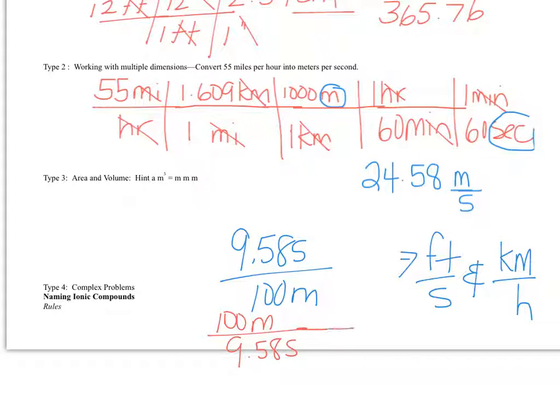Well, no, because I asked you to present it in feet per second, so you're going to want seconds on the bottom. That was your first clue to flip the original that I wrote down. And for the second one, in kilometers per hour, you want the seconds on the bottom too because you want it to change to hours.